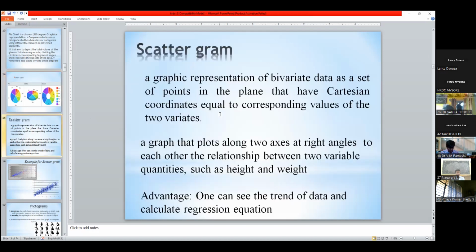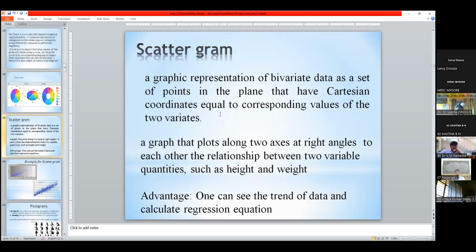Then you get the scattergram, which is used more in scientific research. When we say scatter diagram, understand it's for a pair of scores. You have two scores, one is x and one is y. Against each x, you plot the value on the x-y axis, so that several such points are made as dots, and the dots are called scatters.